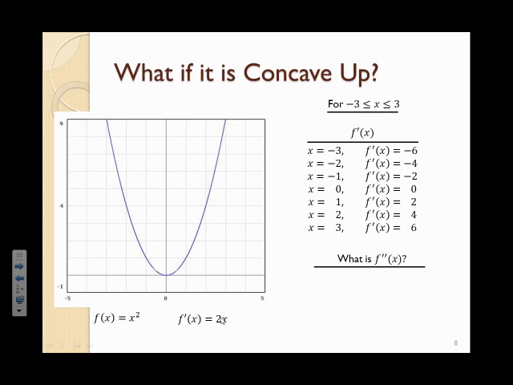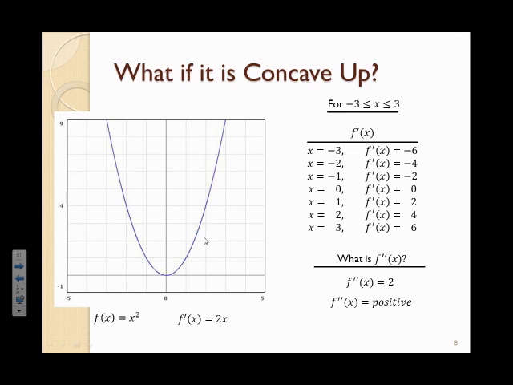The second derivative is the derivative of the first derivative. So if we take the derivative of 2x, we get simply 2. Now we notice that 2 is a positive number. The second derivative is 2 everywhere, for every point along this curve.